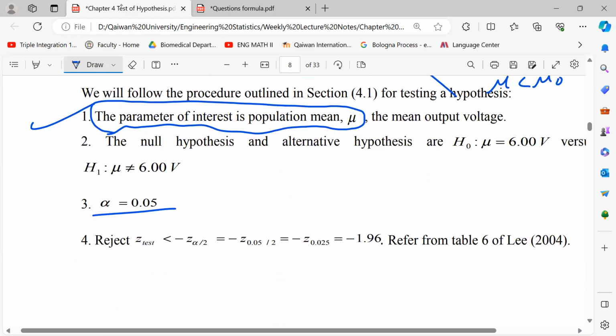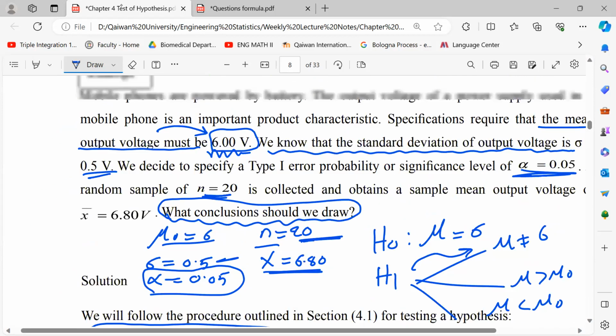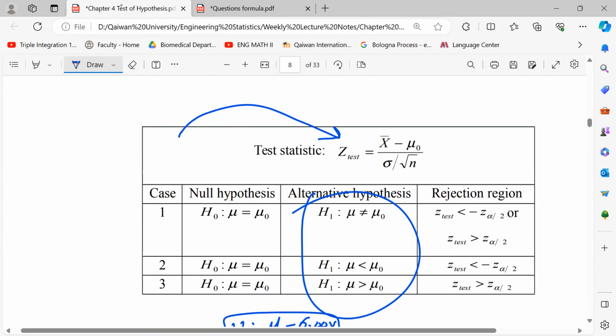In the fourth step, we always get the result from the tables. Okay, we always get the result of step 4 from the tables. And in step 5, we use the formula of the Z test, the test statistic. We calculate this one, and that's it. Then we compare step 4 and 5.